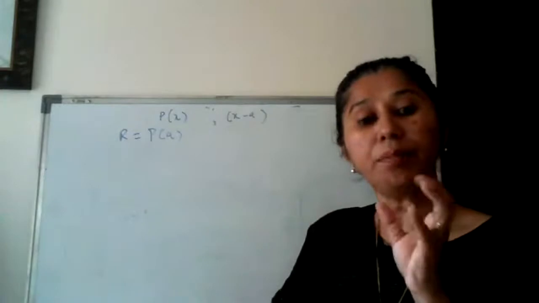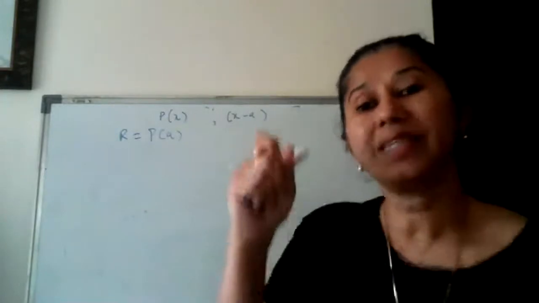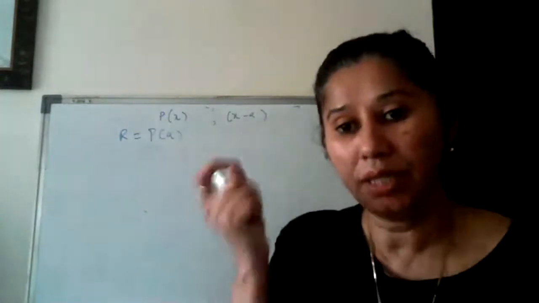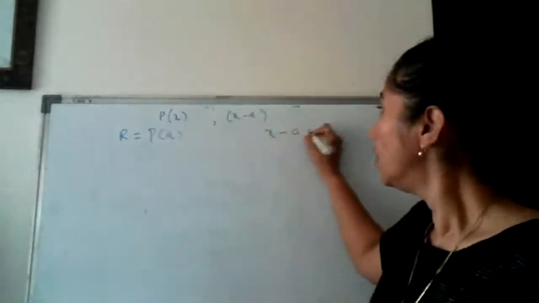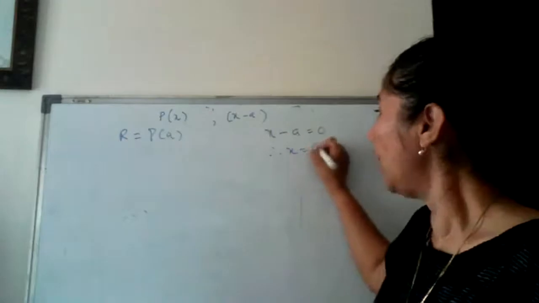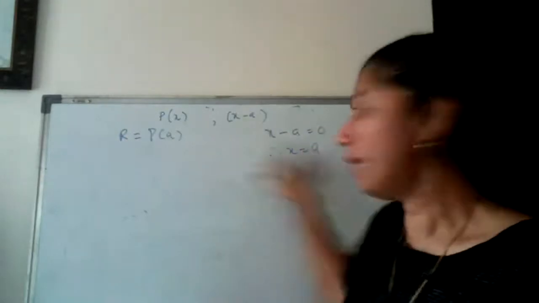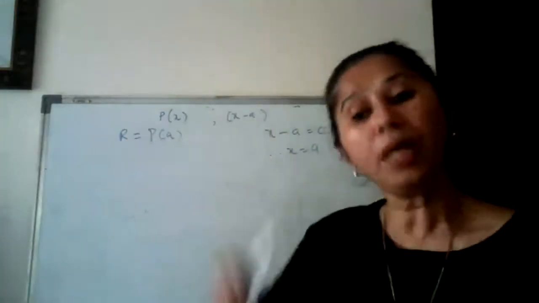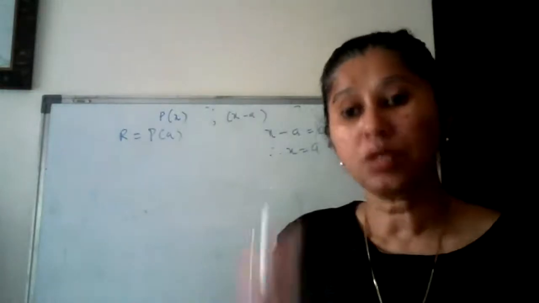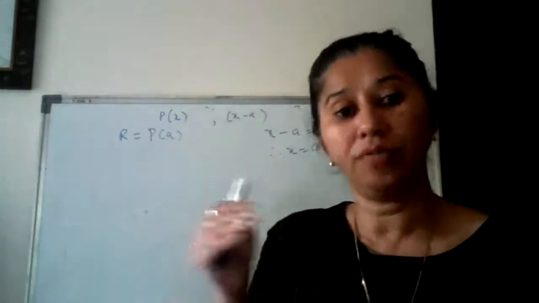Remainder is nothing but p of a. मतलब कि x की जगह पे वैल्यू रखनी है x minus a is equal to 0. जब मैं उसको 0 से कंपेयर करती हूँ, ओके, तो x is equal to a. तो x की जगह पे ये a की वैल्यू हम रखेंगे, तो जो भी हमारा आंसर आएगा that is called as remainder of the polynomial.